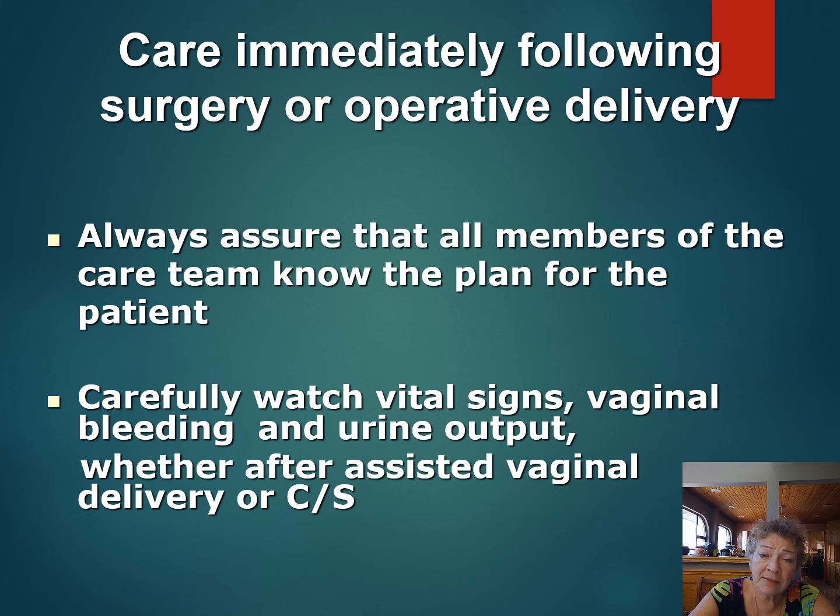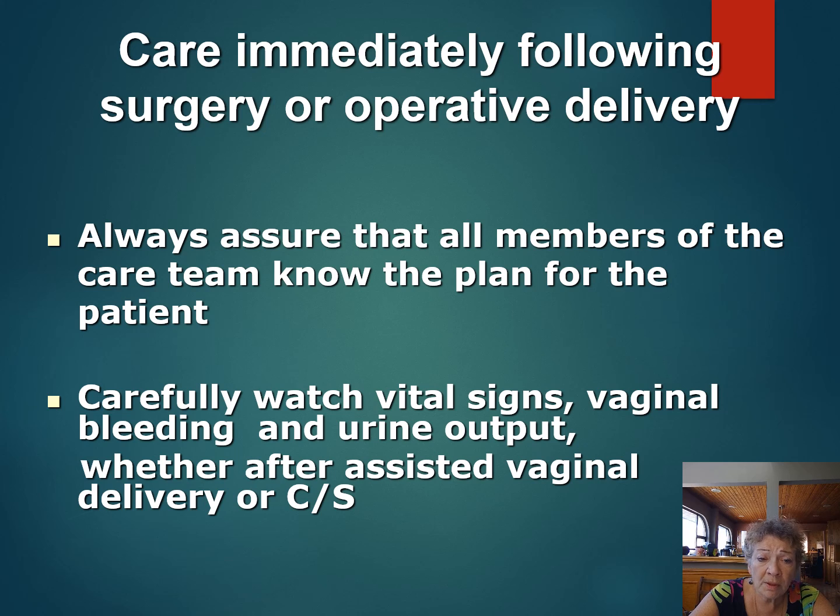One of the things I think that we have learned at my hospital is that when there are complications, they're almost always the result of teamwork and communication falling short. So it's very important that you work as a team and that all members of your care team know exactly what the plan is for the patient.